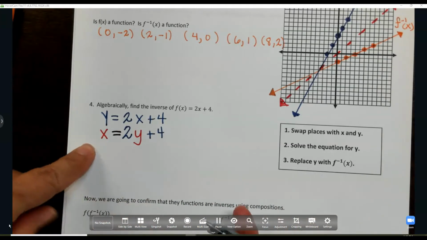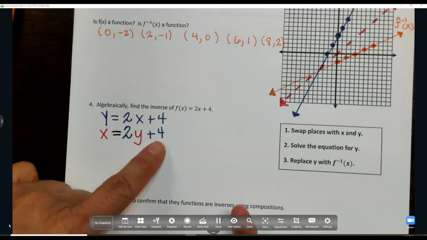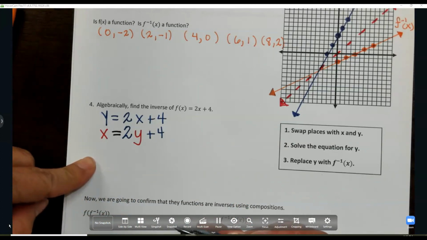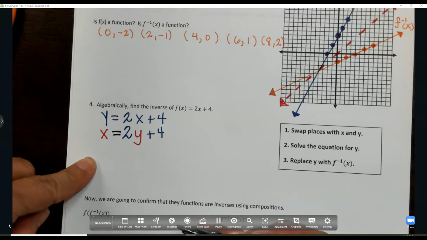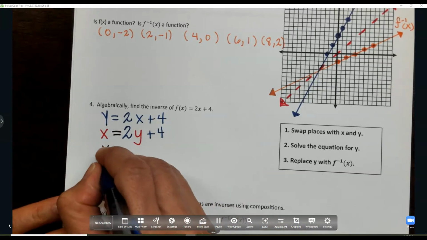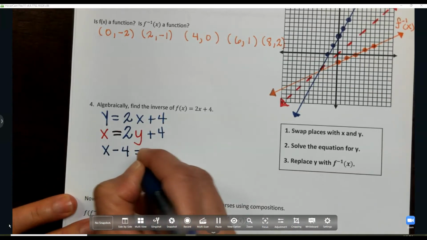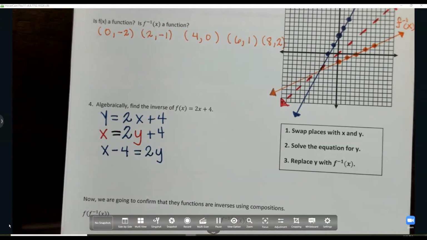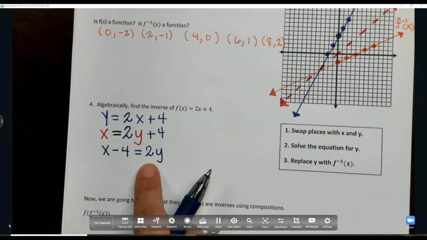I'm moving that to the other side. So remember, when you move something to the other side, what happens to the sign? It switches. So the next line in our work is going to be x minus 4 equals 2y. And then the y isn't by itself. It almost is. What can I do to make that y by itself?